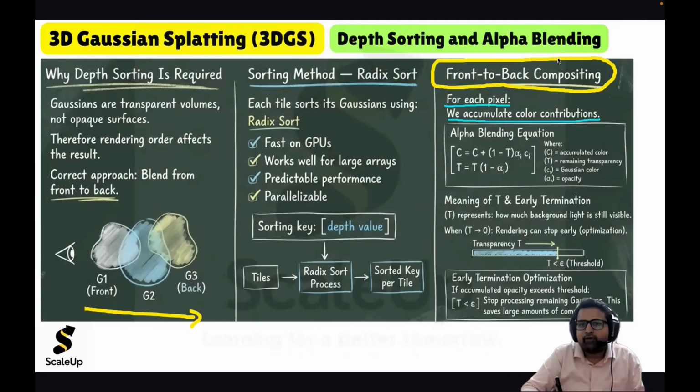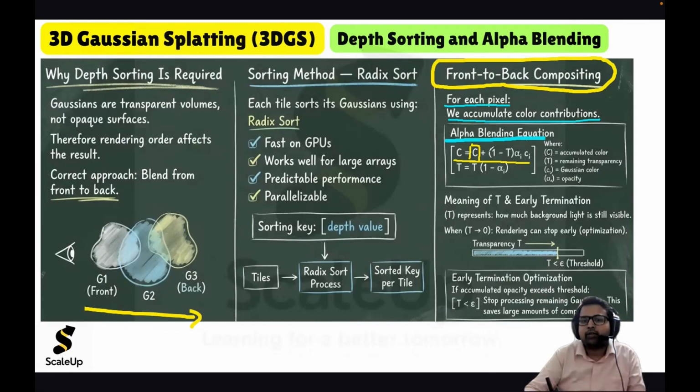Now the alpha blending equation. Let's understand its working. C is the accumulated color, which can initially be zero.